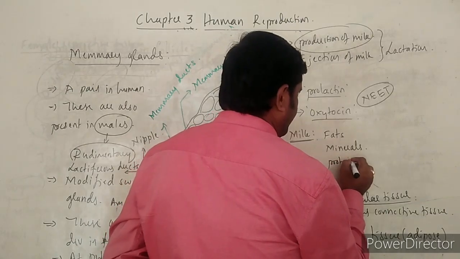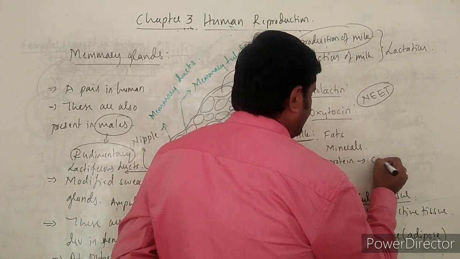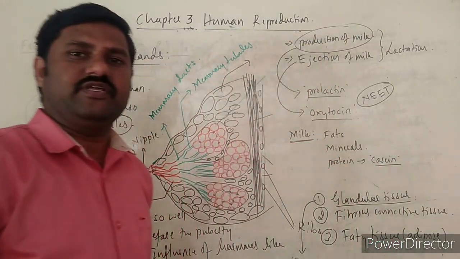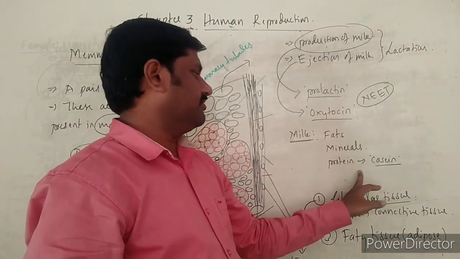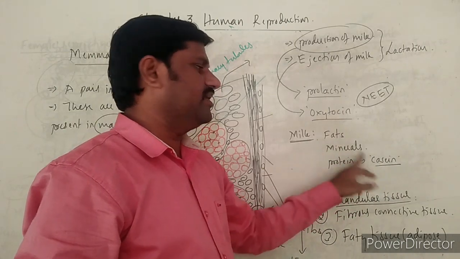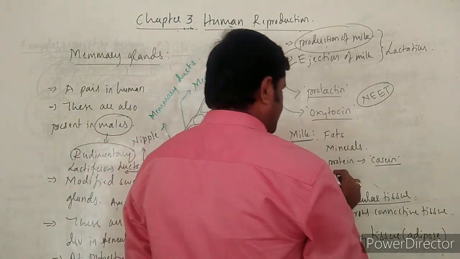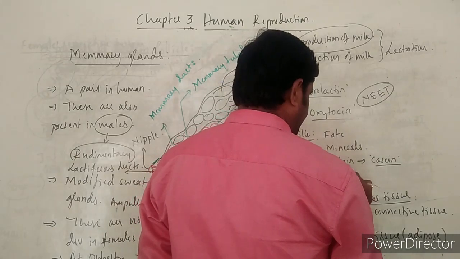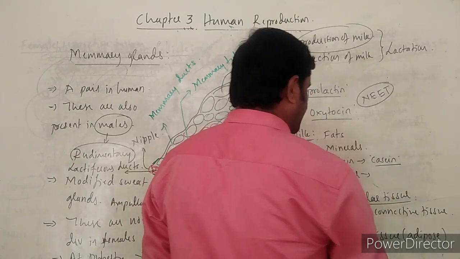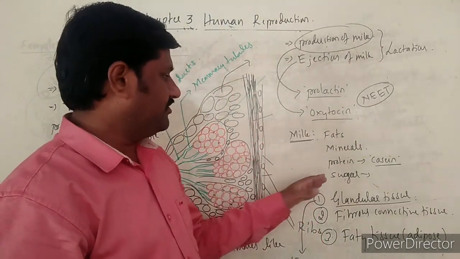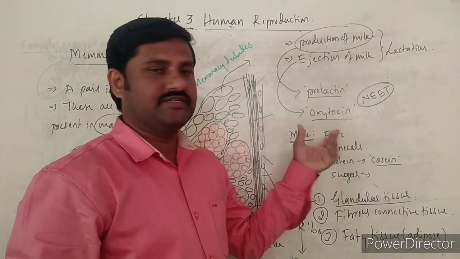Even the protein is present, casein. Casein is the major protein present over here, and it is called milk protein. And milk sugar is also there. All these are the major components of the milk.